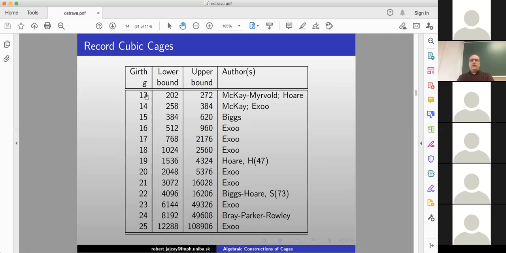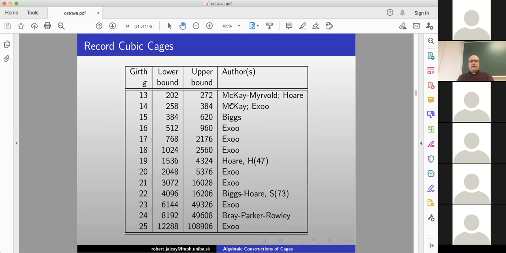So the pair is 3, 13, degree 3, girth 13. The best graph that is known at this point has 272 vertices. Nobody can prove that it's the best possible, but the lower bound that comes from the Moore bound is 202. So this is what I mean.